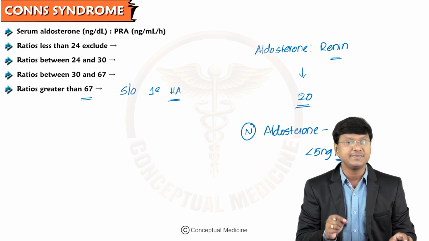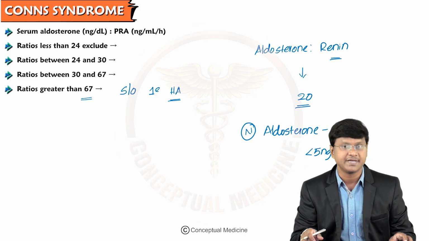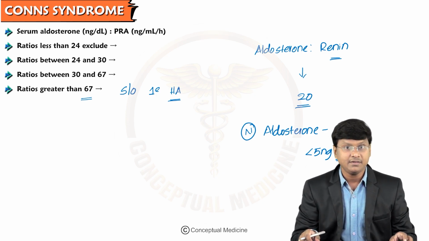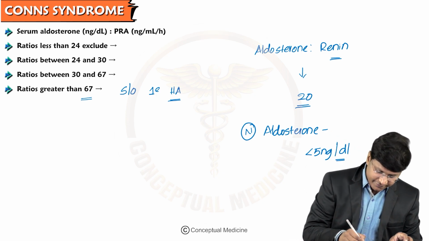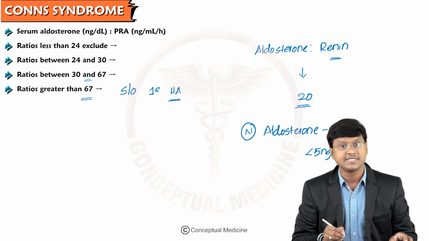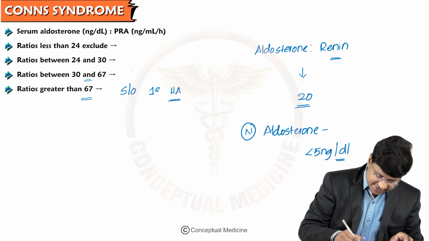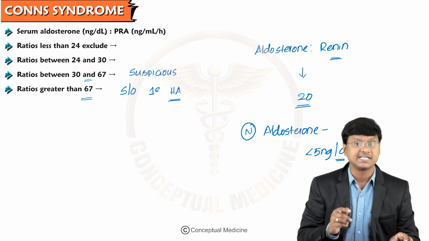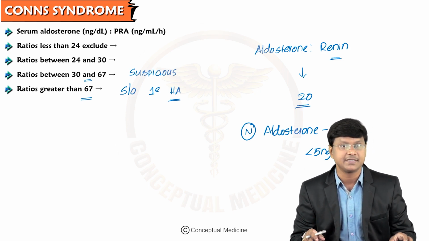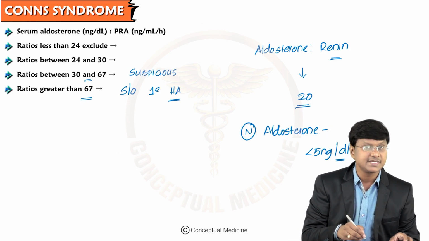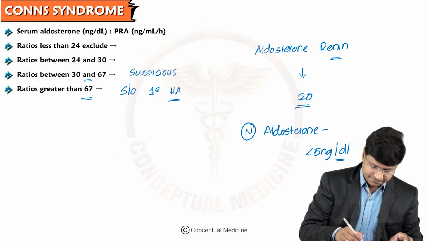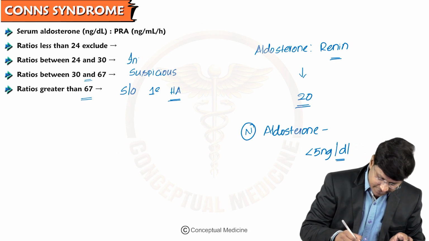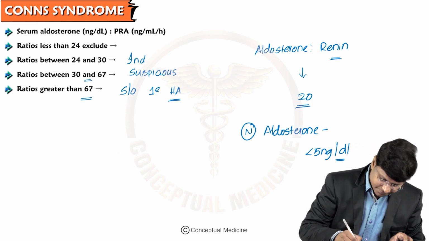This is very much suggestive of primary hyperaldosteronism. And if the value is between 30 and 67, it is suspicious, right? It is suspicious of hyperaldosteronism. And if the levels are between 24 and 30, it is indeterminate.